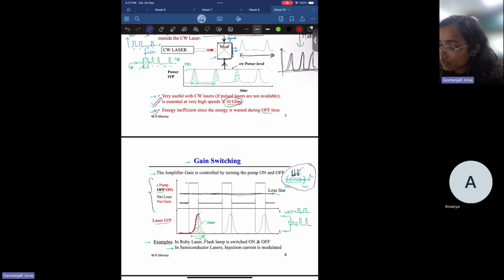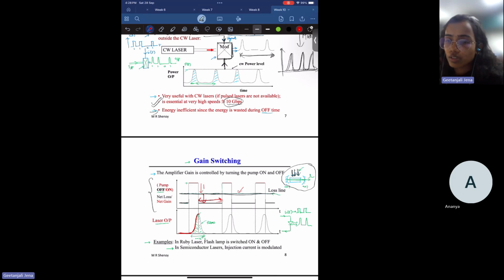And again, we'll switch off this pump. For this interval, you can see the pump is off. Because of switching off this pump, what will happen? Gradually, the gain will decrease, and it will now coincide with this loss line. Then again the gain will decrease below the loss line.